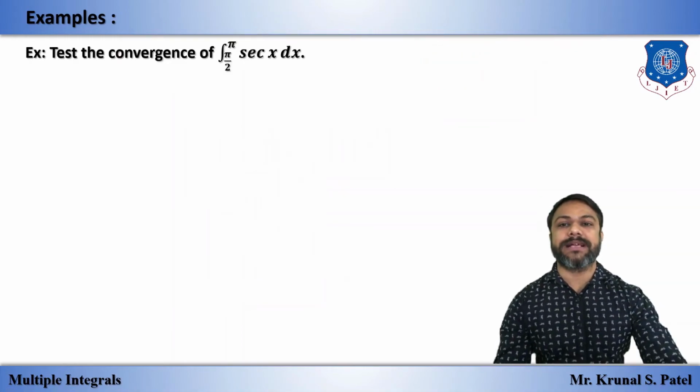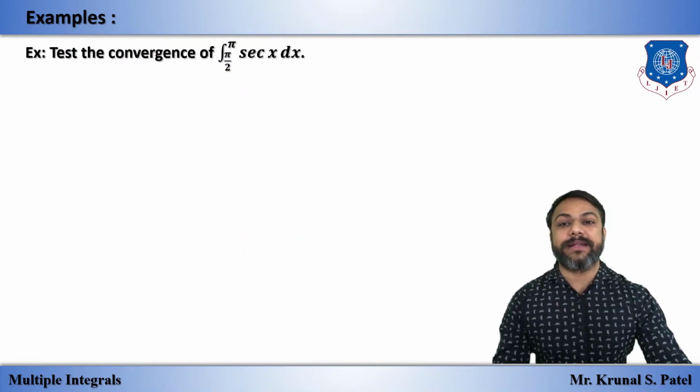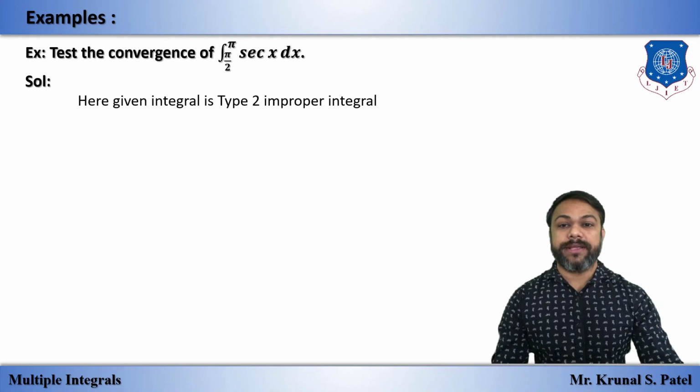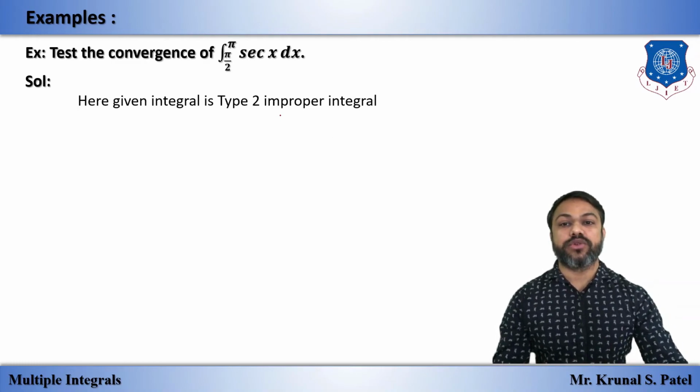Okay, one more example. Here you can see that there is no possibility of infinite limits. So the solution here is of the second kind of example. Now we'll write this down.